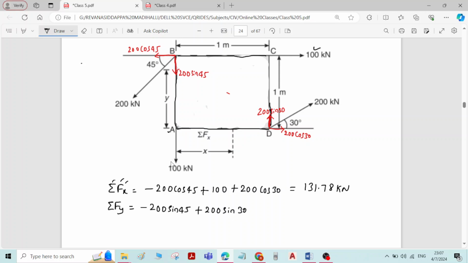Then we have 100 kilonewton force acting in downward direction, minus 100. Okay, for this sigma Fy is equal to minus 141.42 kilonewton.